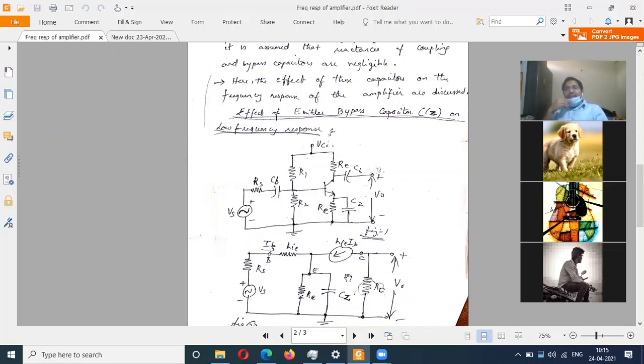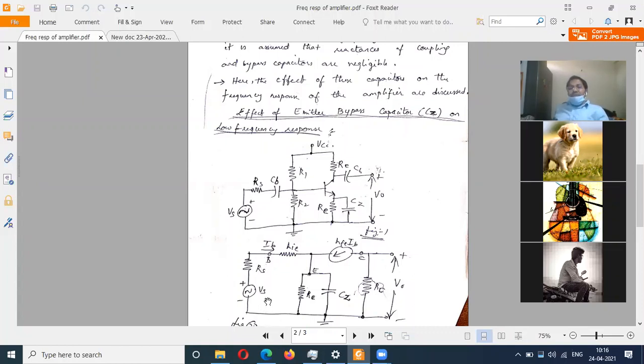Now we are replacing this base, emitter, collector with the equivalent. Actually we should have R2 here as it is, then R1 also, like we did in the previous class.